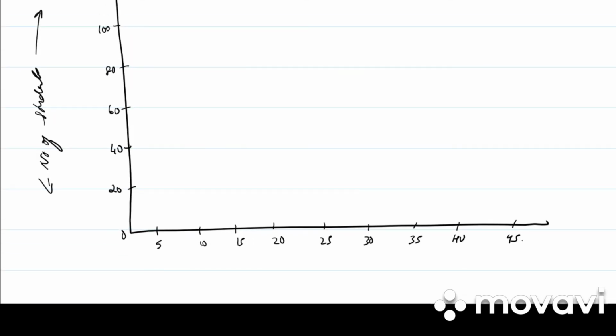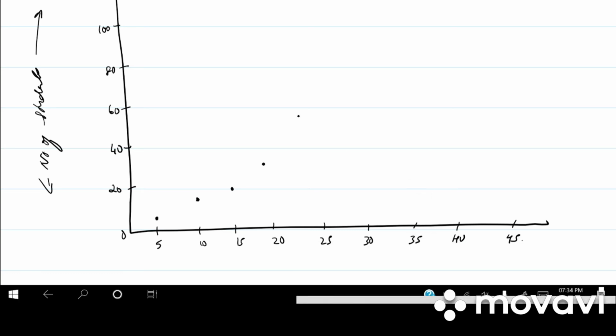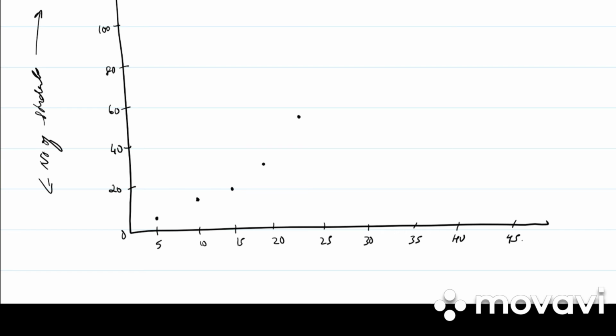So first we'll be drawing the less than ogive. So 5 it is 4, 10 it is 10, 15 it is 20, for 20 it is 30, for 25 it is 55, then we have 77, 95, and last we have 100. So this is our less than ogive.